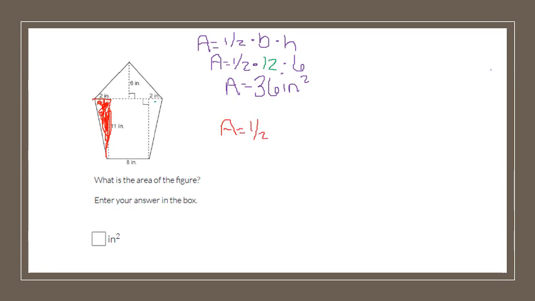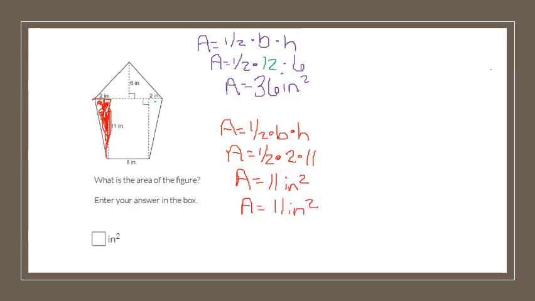So I'm going to do 1/2 times the base times the height. I'm going to multiply 2 times 11. 1/2 times 2 is 1, times 11 is just 11. And I do have 2 of those. So I'm going to just write it down twice so that I remember to add it.